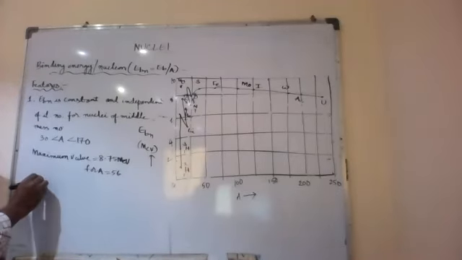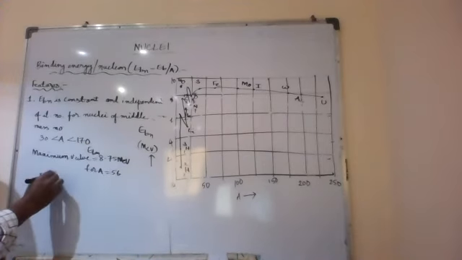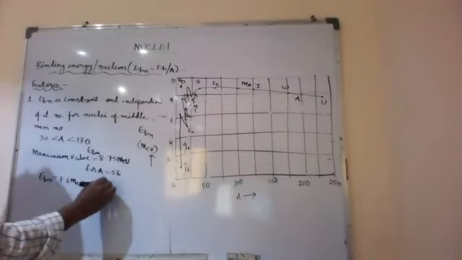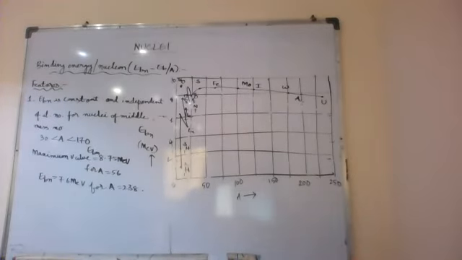EBN value is 7.6 MeV for A equal to 238. So the maximum value from this graph we found is binding energy per nucleon 8.75 MeV for A equal to 56, and EBN is 7.6 MeV for A equal to 238.